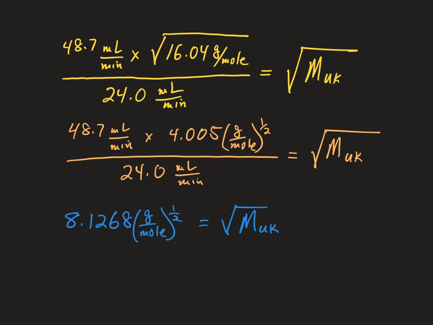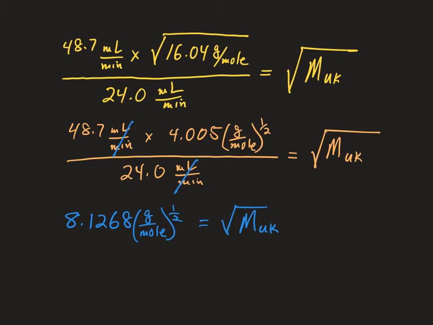Because the milliliters per minute unit divides out, becomes 1, leaving us only with the square root of grams per mole as our unit.